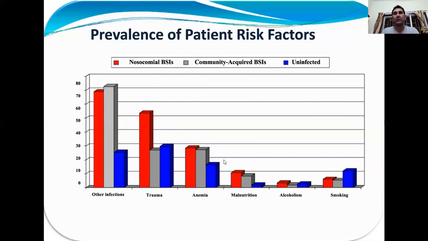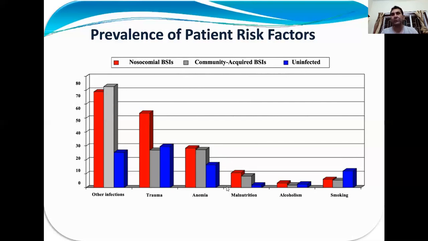And in anemia, the anemic patients admitted in the hospital have a somewhat similar result, because anemic patients are prone to get nosocomial infection and also community acquired infection.